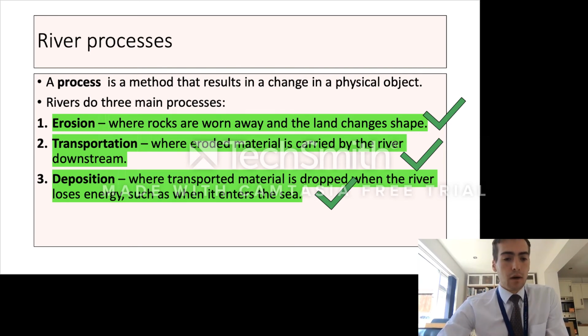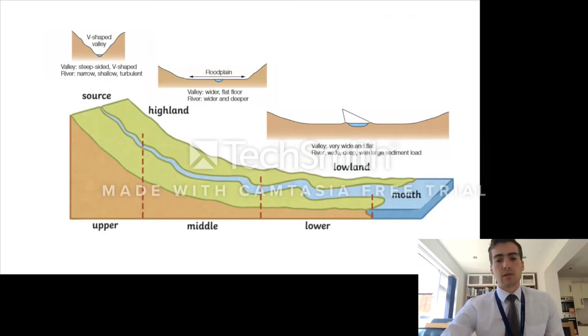Okay. Right, I'm going to very quickly, just before I finish this lesson, link it to what we did in the previous lesson. In the previous lesson, we looked at the long profile. We looked at the upper course of the river, the middle course, and the lower course.